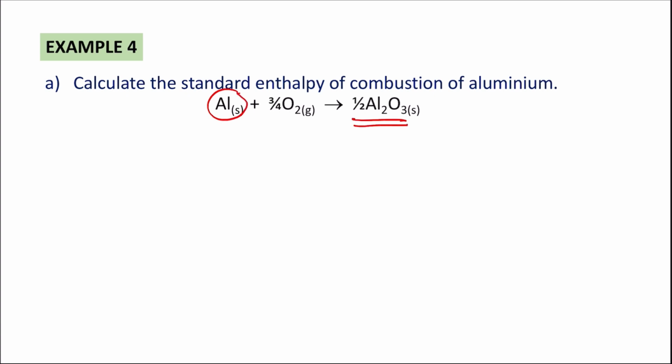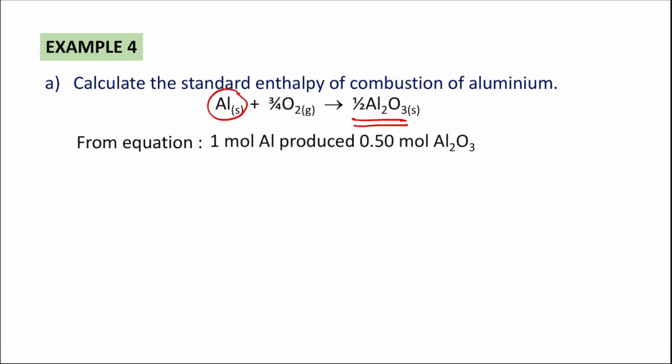So apa yang kita dapat from the equation, 1 mole of aluminium produce 0.50 mole Al2O3 daripada 1/2 ni kat depan. 1/2 maksudnya 0.5 mole of Al2O3. So daripada soalan dia cakap this one 0.25 mole of Al2O3 ni dia release energy sebanyak 419 kilojoule.